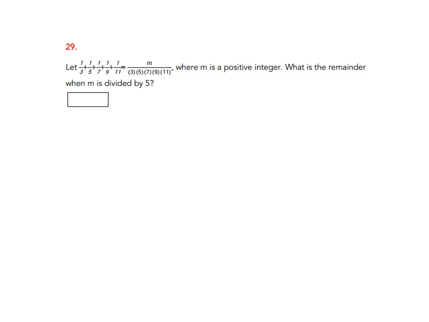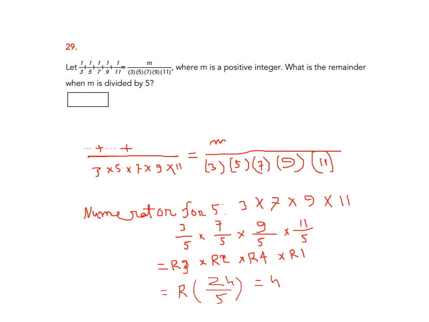But in the case of just 1/5, you will not get the 5 in the numerator. So let's see how I can deal with that. In the numerator, you will get 3 into 7 into 9 into 11. So you need to divide it by 5.